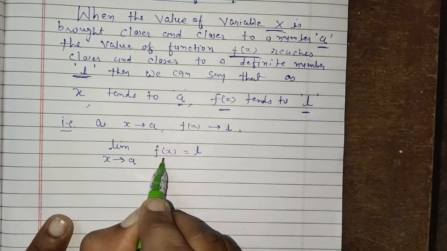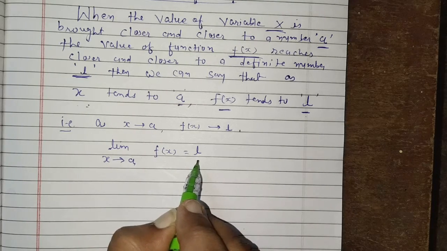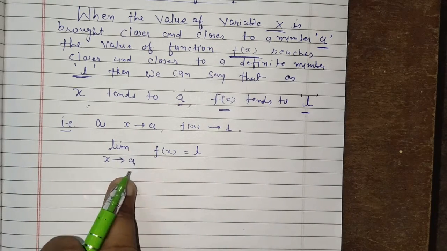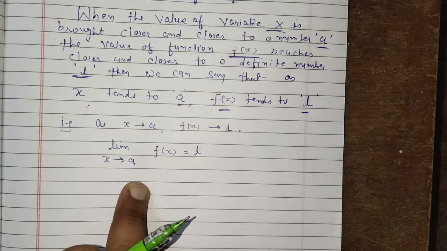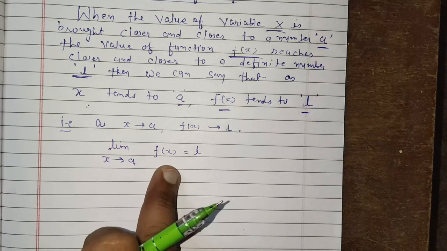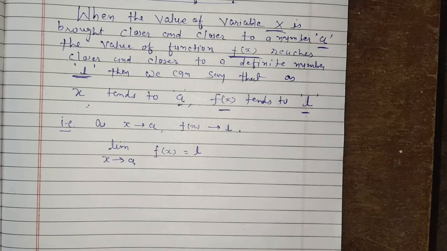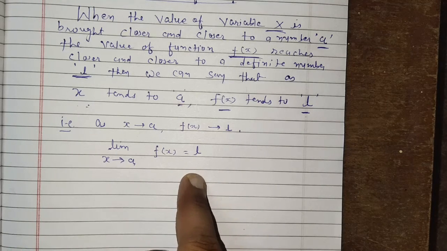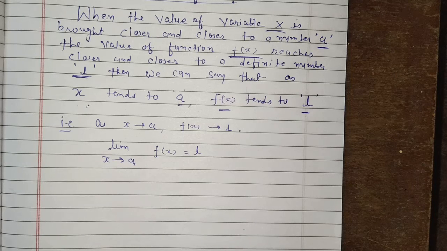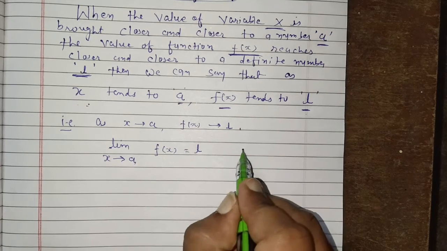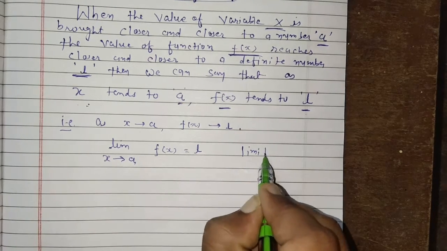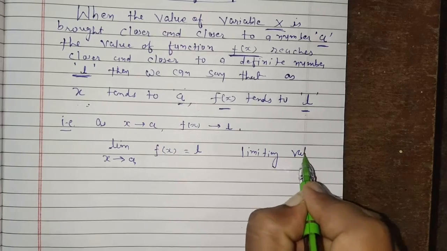The value f(x) also tends to a particular value of l. जैसे जैसे x a के नियरर हो रहा है, देन f(x) की वैल्यू किसके नियरर हो रही है, l के नियरर हो रही है. So we can get a value for the function, which is called the limiting value of function.